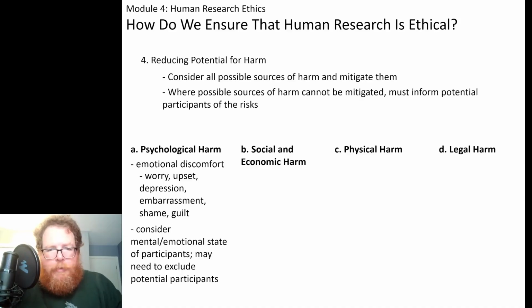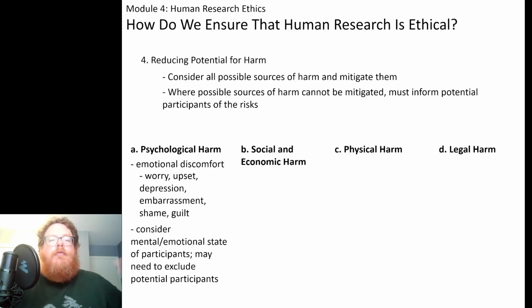How can we mitigate that? It also mentions here that you need to consider the mental and emotional state of your participants, and you may have to exclude some participants, right? So if you are doing some kind of study where it might induce depression, I don't know exactly a good example here, but maybe there's a possibility that people will become depressed through their participation in this study.